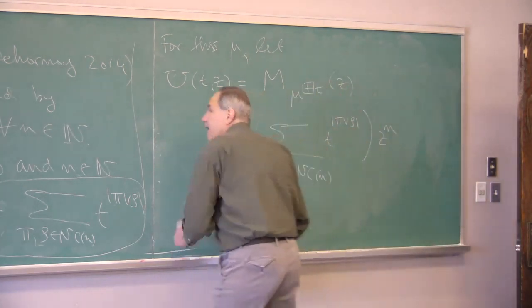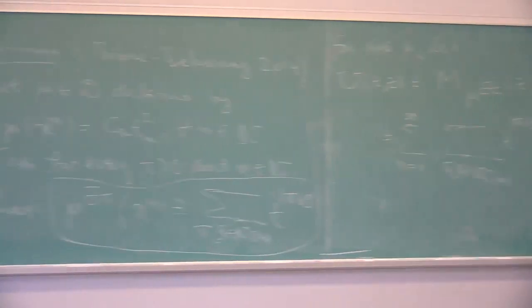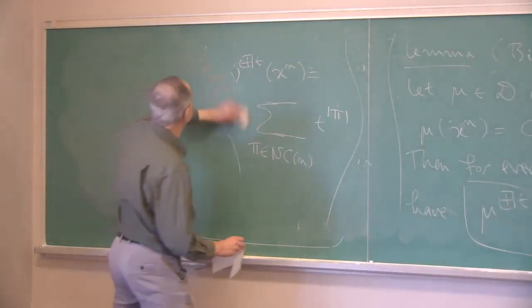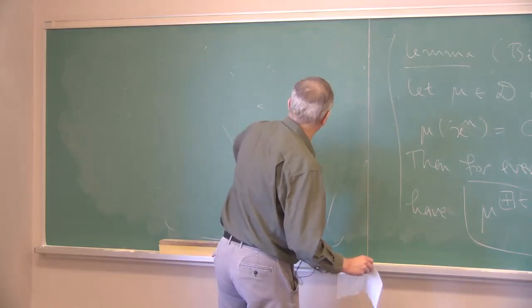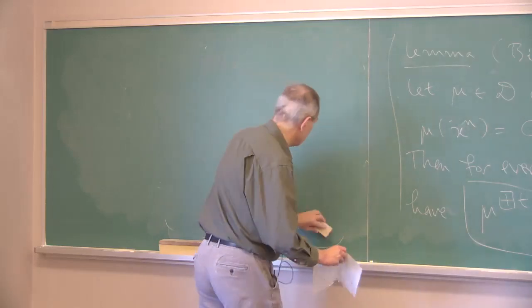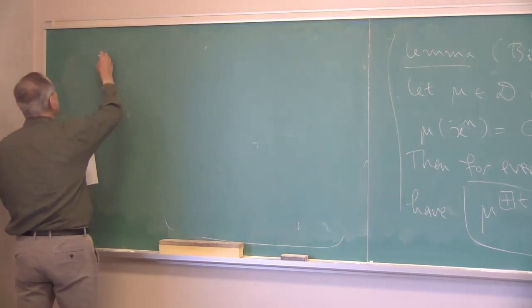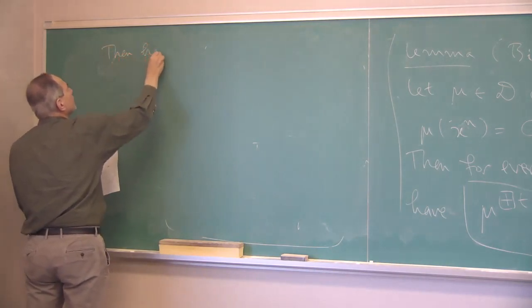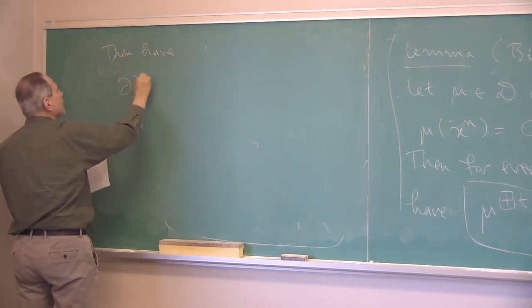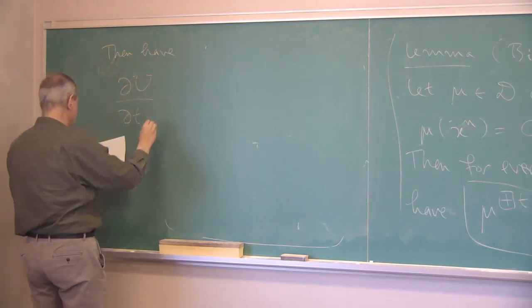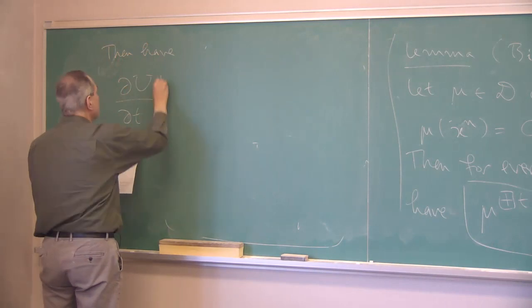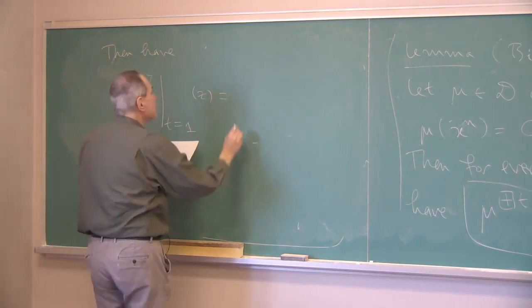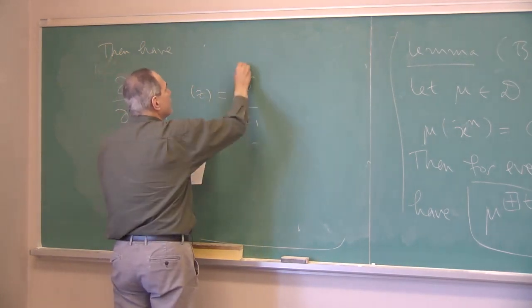And the moral is that in that series of two variables, the derivative with respect to t at t equals 1 equals summation n from 1 to infinity.